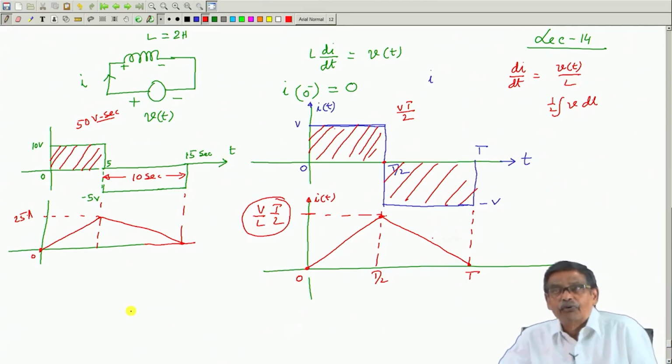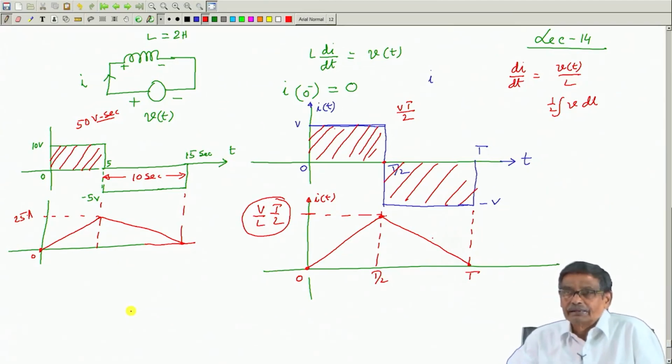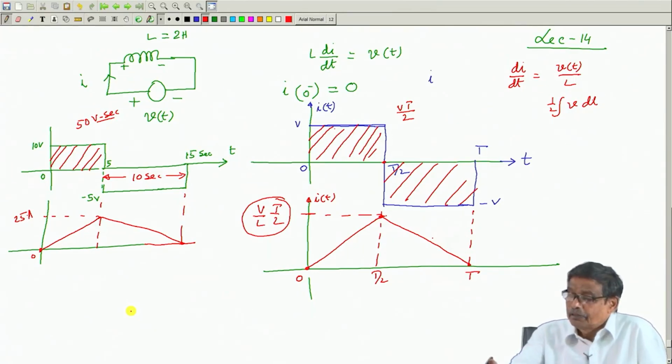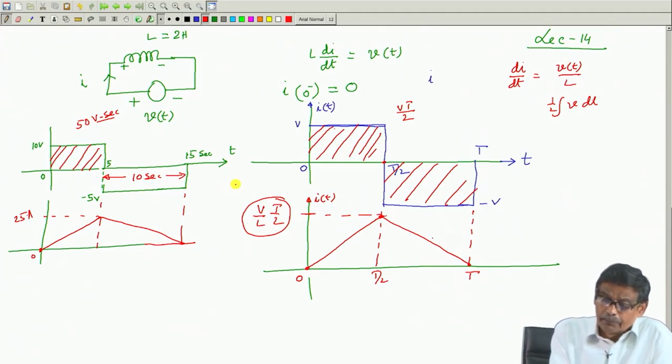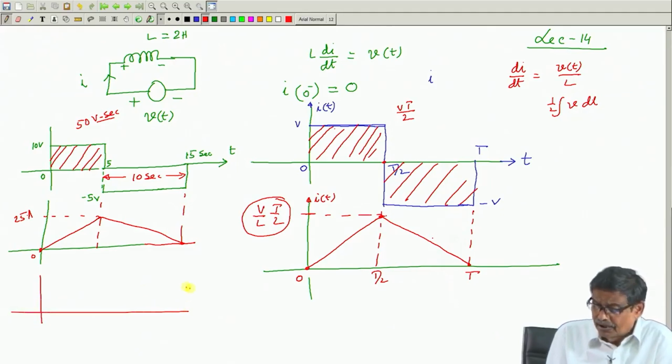See, the applied volt second, that integral V dt, depends upon what kind of voltage waveform you have applied. And for example, this 50 volt second could be achieved by some positive voltage waveform like this also.